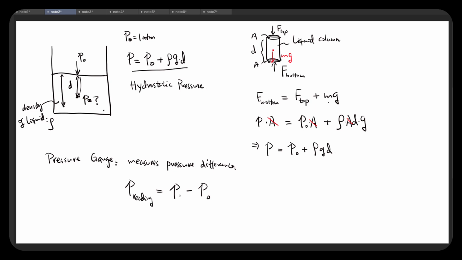All right, so let's talk about a principle called Pascal's principle. We know Pascal made a lot of contributions to the study of liquid properties. That's why we named the pressure unit after him. So here is Pascal's principle.